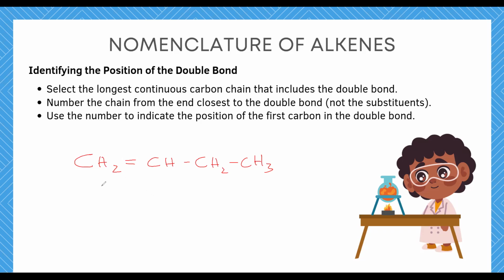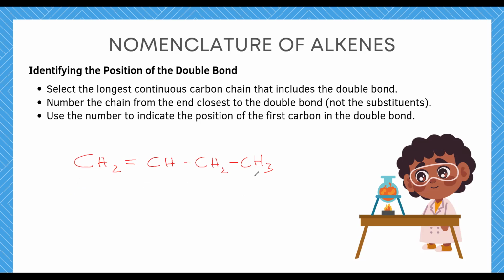There are only two ways in which we can count in this structure, right? Is there any other way to count apart from counting from left to right and right to left? No, there's no other way. Good.